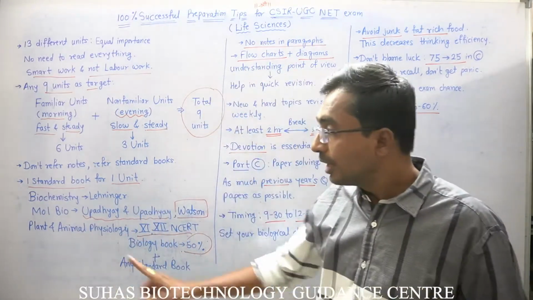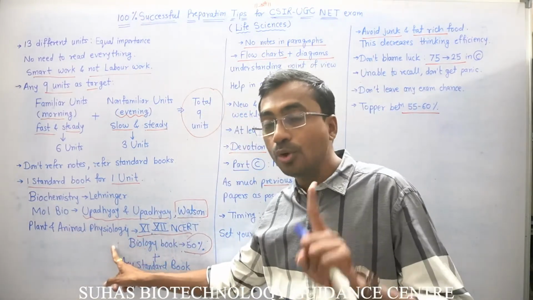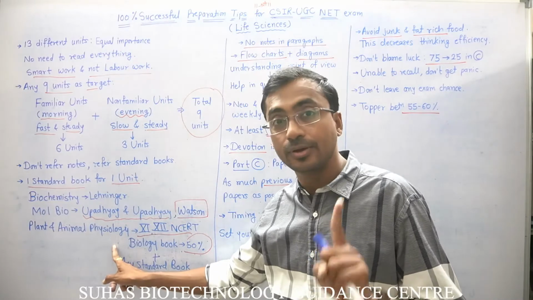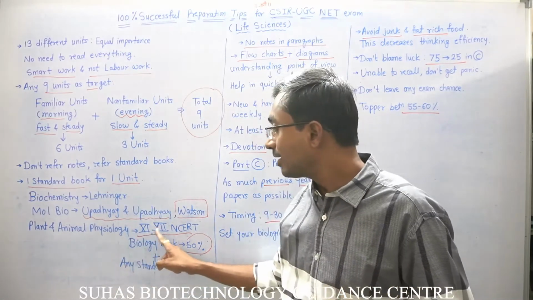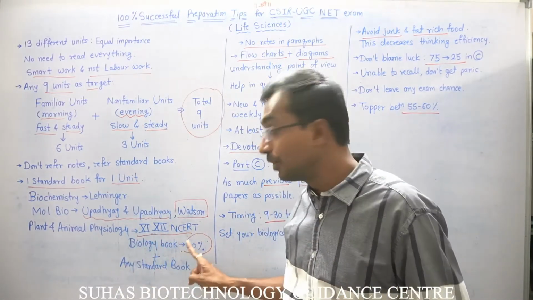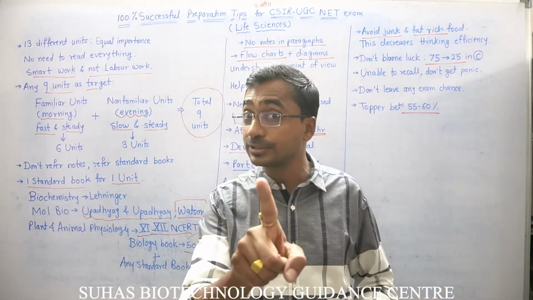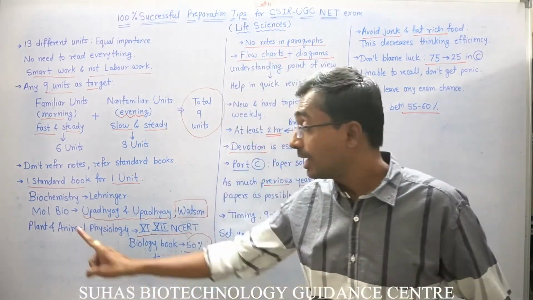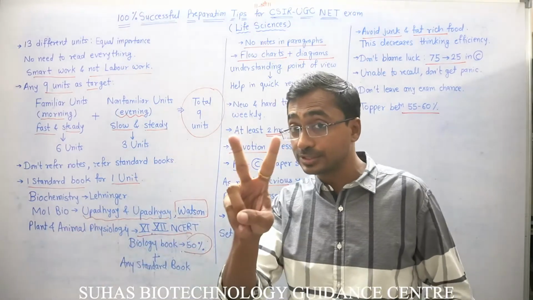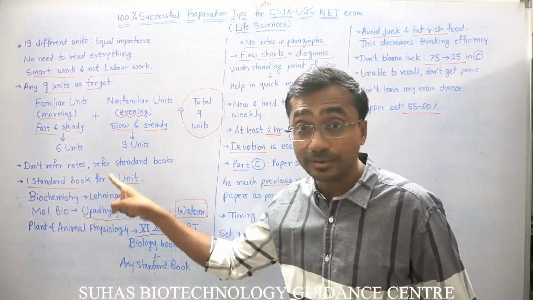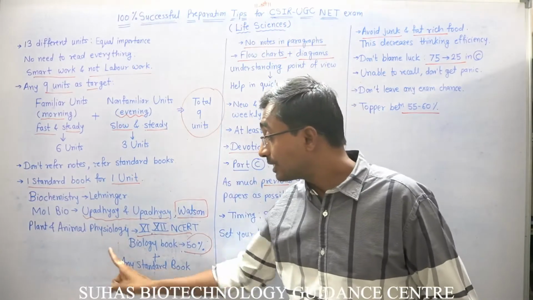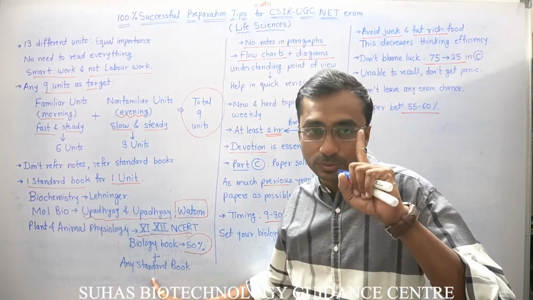Now, animal and plant physiology. Don't leave these topics. Simply reading the 11-12 NCERT biology books will cover 50% of animal and plant physiology. I am not saying 100%. If you want to cover animal physiology and plant physiology, which are 2 units among these 13, then you need to go for standard books also.